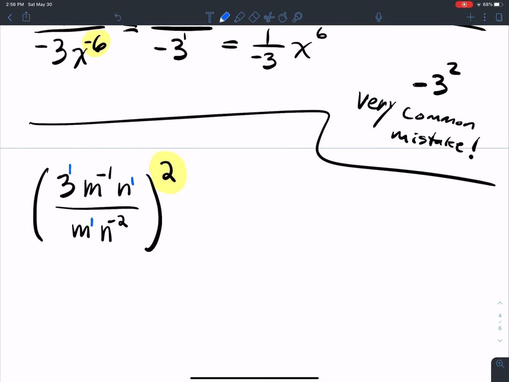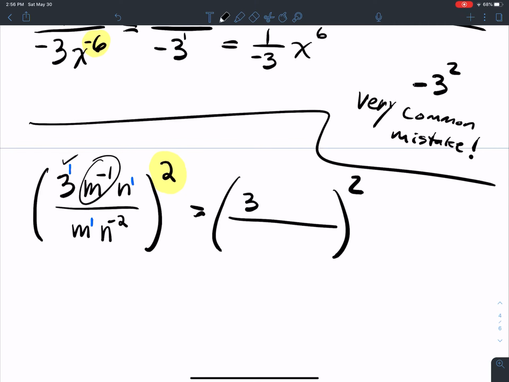Okay, so there's a couple ways you can do it. You can actually go through and simplify the inside first if you want, or you can just multiply it out. So maybe we ought to just simplify on the inside first. Let's write this on the outside and do some cleaning up on the inside. It's a positive exponent, we leave it. That's a positive 3 to the 1.